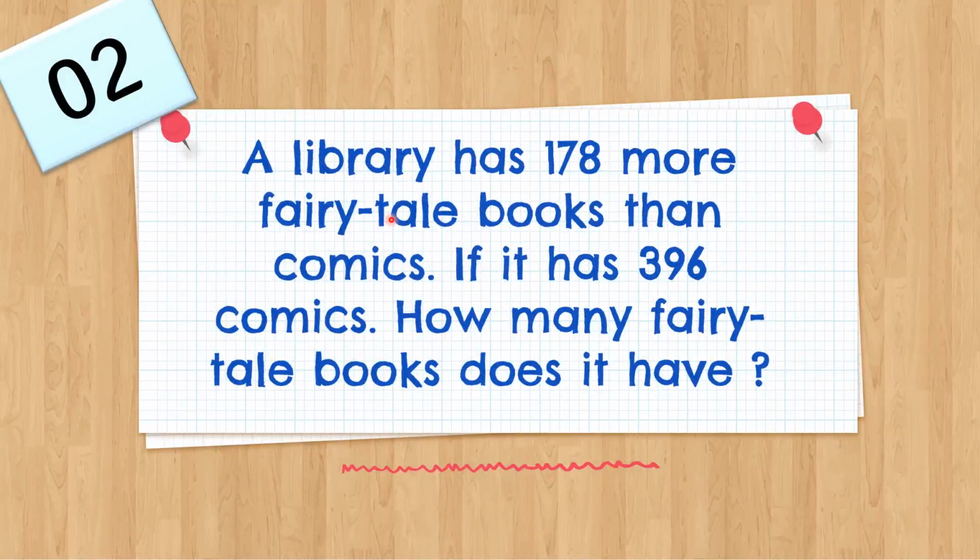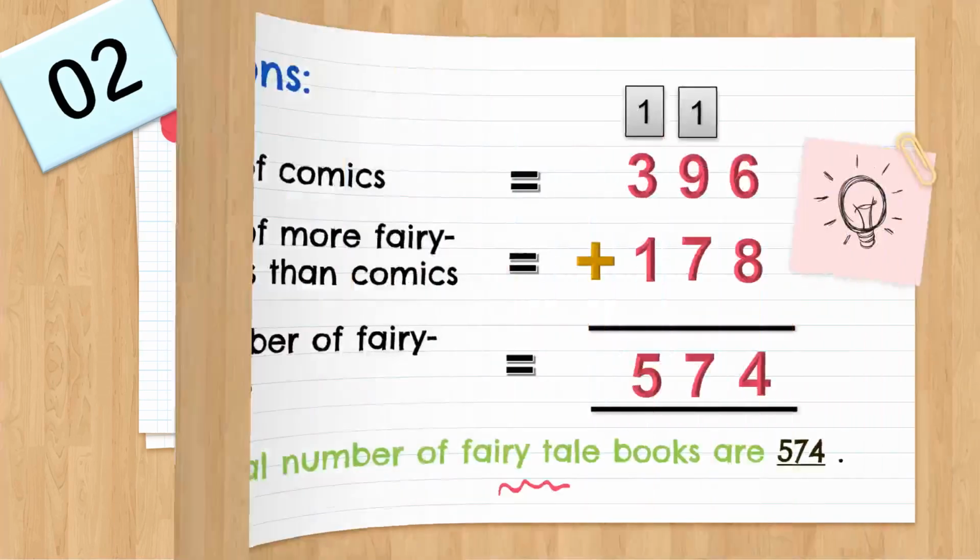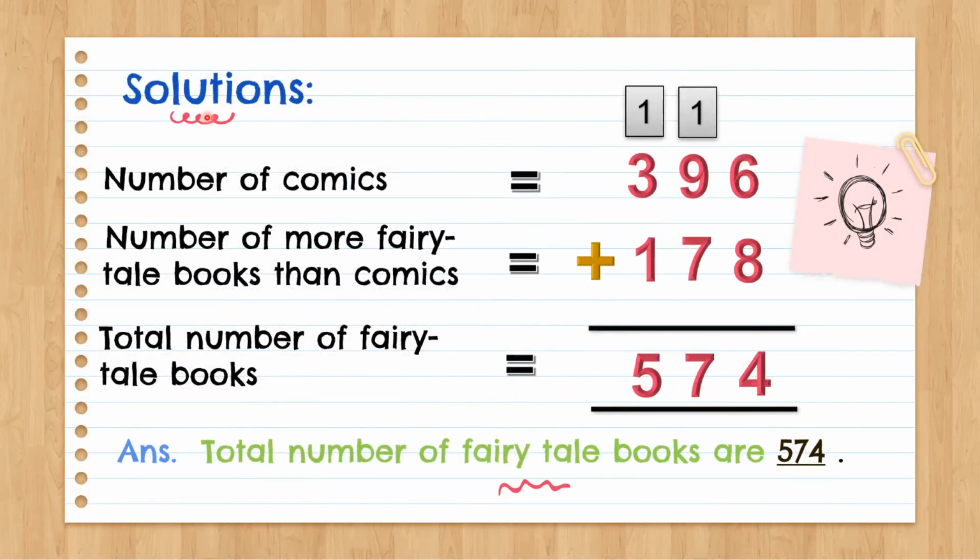Look at this example. A library has 178 more fairy tale books than comics. If it has 396 comics, then how many fairy tale books does it have? So the number of comics has been given and fairy tale books are more, 178 more than this number 396. So what will we do? We will add. Look at the solution.